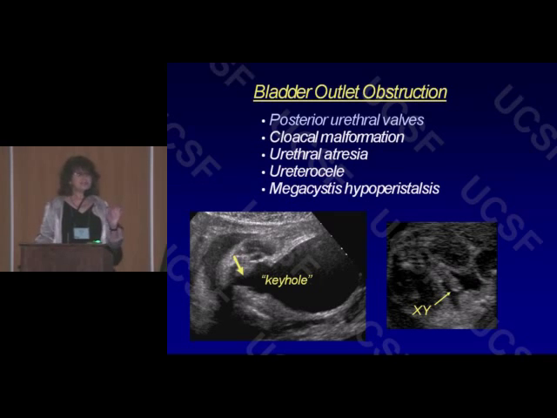And even though it's an oligohydramniotic pregnancy and a hard-to-scan pregnancy, if we know we're looking for bladder outlet obstruction due to valves, it can target the views such that we see the telltale keyhole configuration. And if there is enough fluid to just barely see the gender, we expect it to be male and can confirm that. That is not always possible.